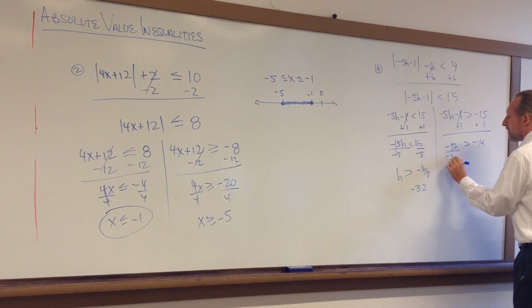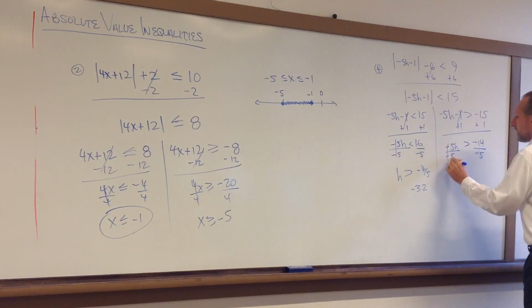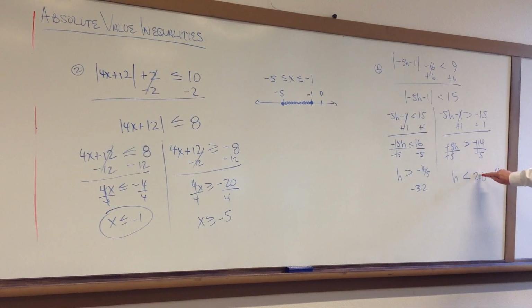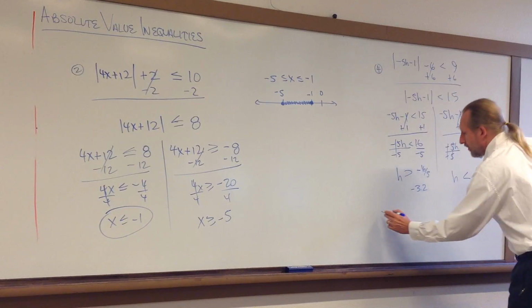And again, when we divide through with that negative 5, this thing will flip around. That'll be a positive 2.8, I believe. Again, you can call it 14 over 5 if you'd like, either way. So notice, less than 2.8, greater than negative 3.2.